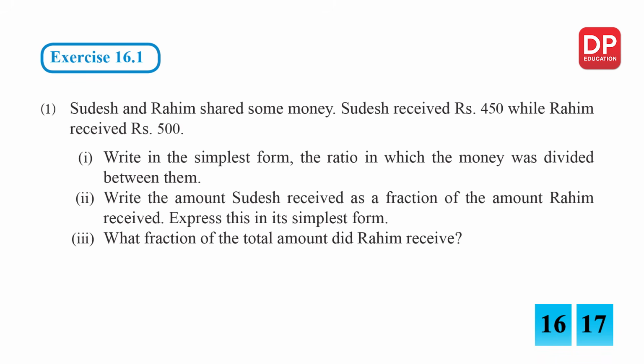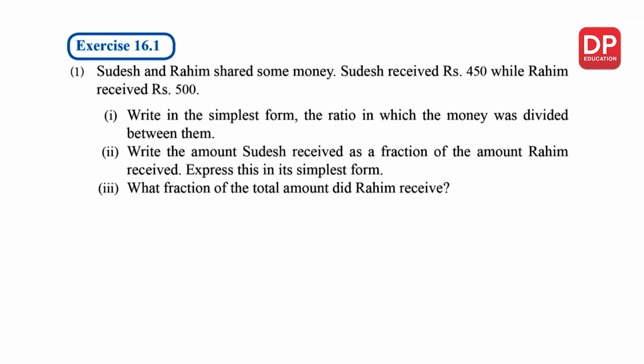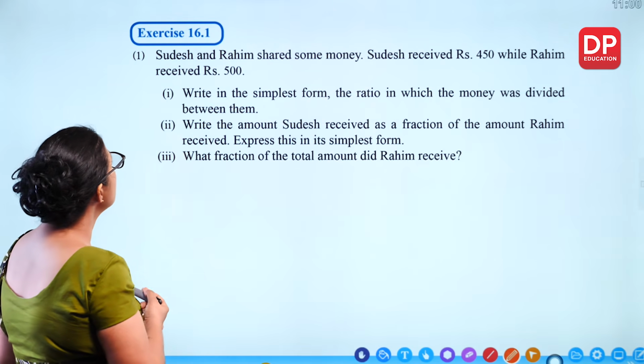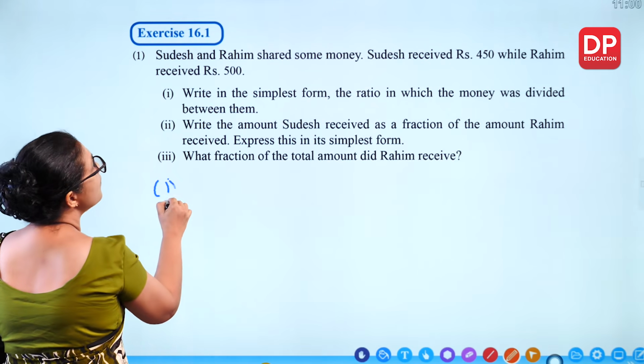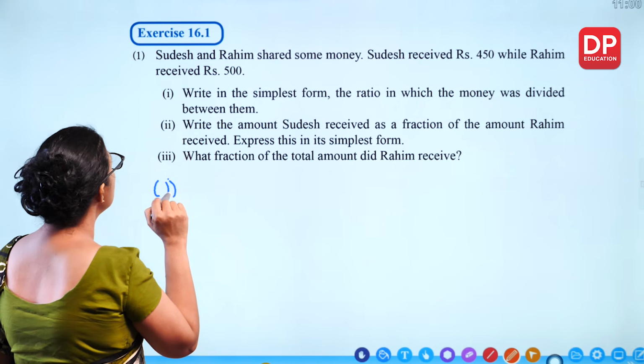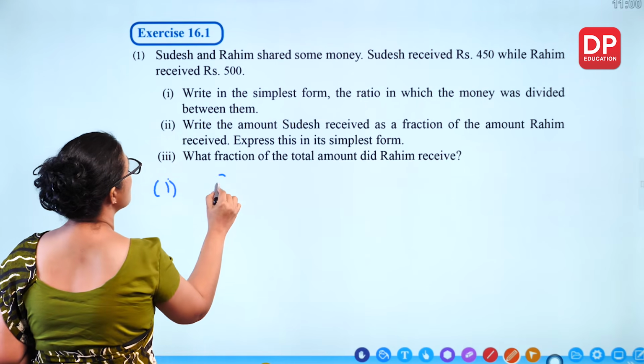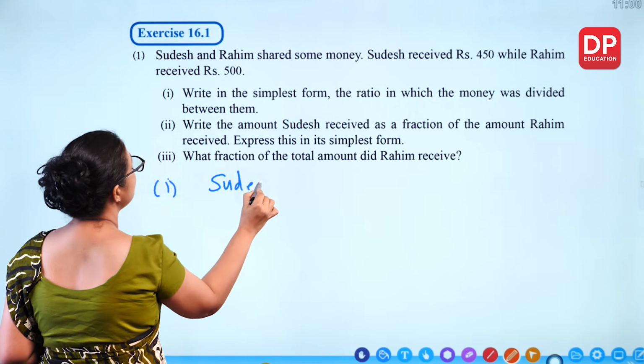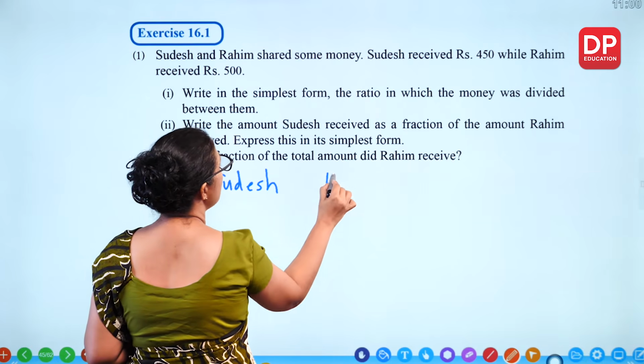Exercise 16.1. Sudesh and Rahim shared some money. Sudesh received 450 while Rahim received 500 rupees. Write in the simplest form the ratio in which the money was divided between them. So Sudesh and Rahim.